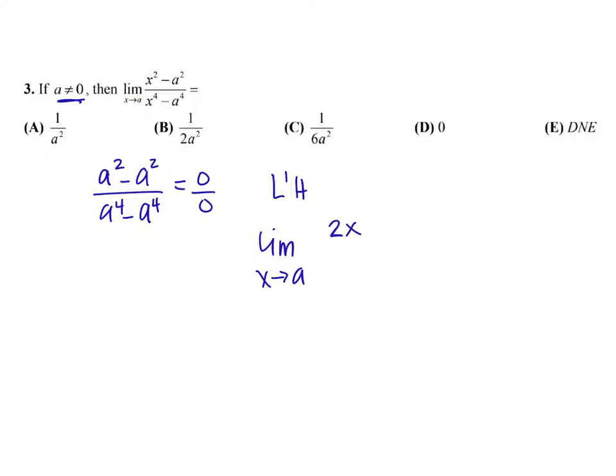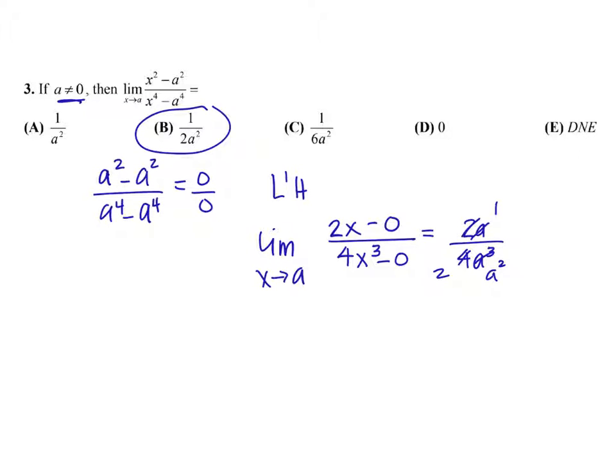Now that minus a squared, that is just a constant, so it goes to 0. In the denominator we're going to have 4x cubed minus 0. And now when we apply our limit here, we're going to have 2a over 4a cubed, and we have a lot of stuff here that's going to cancel. So it looks like we have 1 over 2a squared.